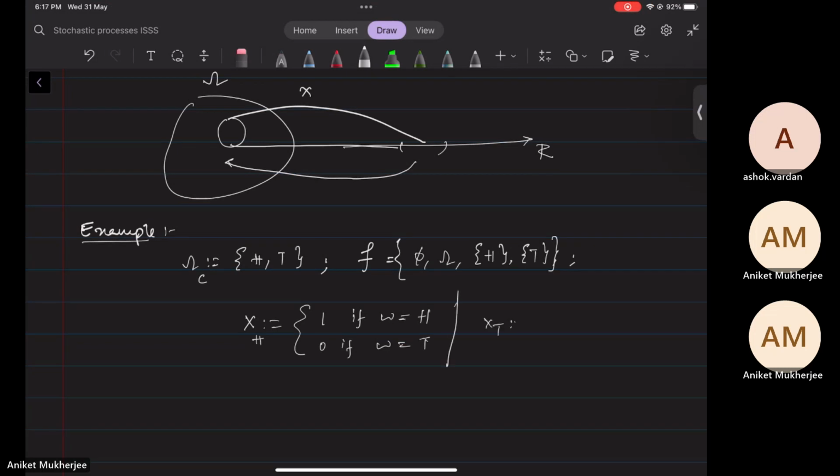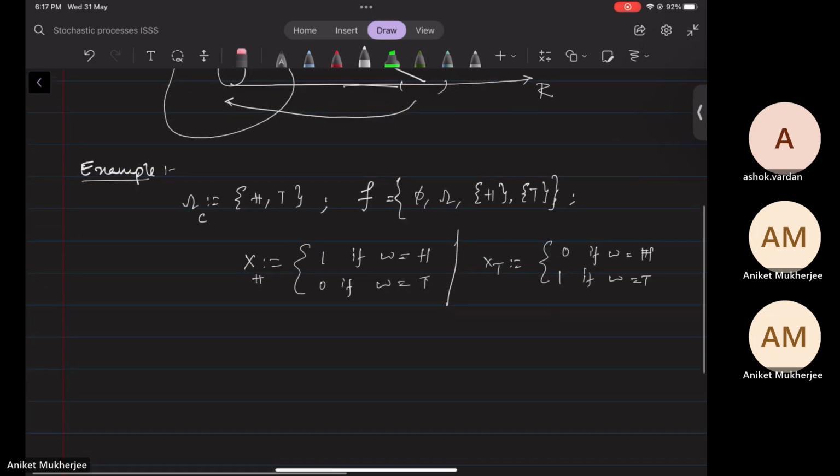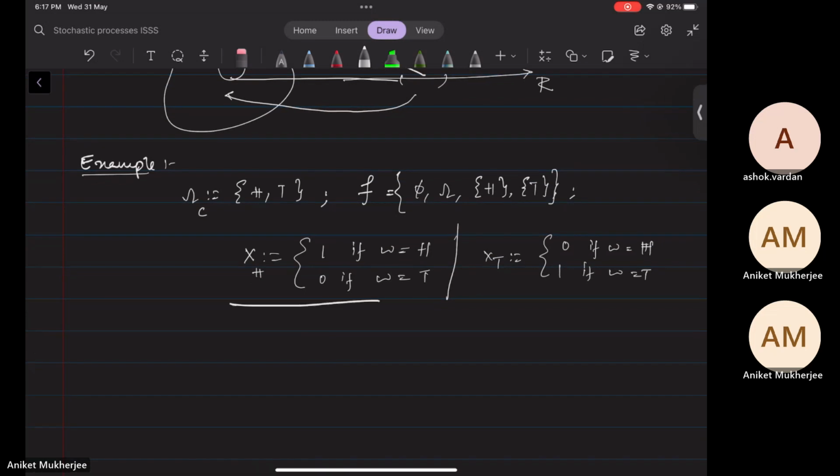One more function is equal to 0 if omega is equal to head, and 1 if omega is equal to tail. Any such mapping is a random variable. All these are random variables.